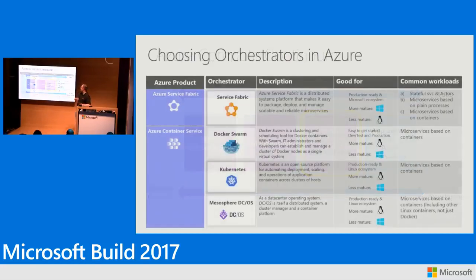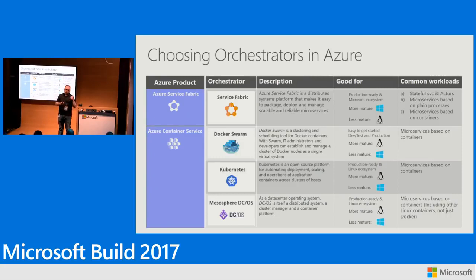Okay. So here's a table, a summary, like choosing orchestrators in Azure: Service Fabric, Docker Swarm, Kubernetes, and Mesosphere DCOS. Basically, Service Fabric is a lot more mature in Windows, and you can also use microservices with no containers, like plain vanilla processes on Windows, and many mission critical products in Microsoft are based on Service Fabric.